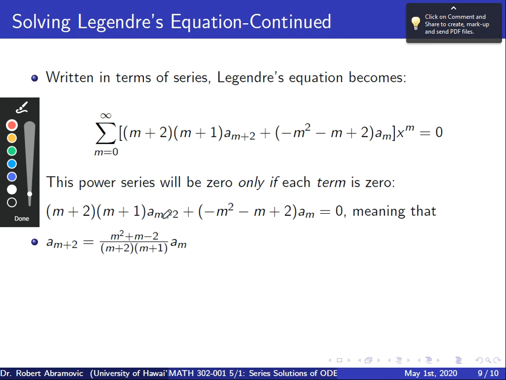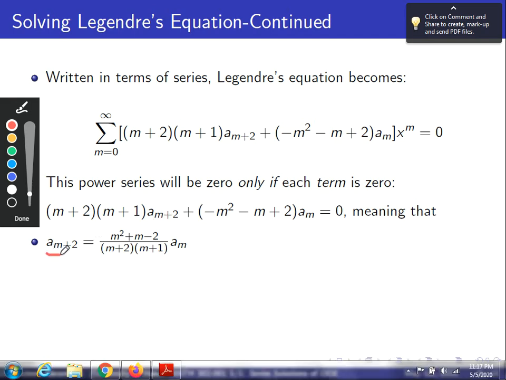Now, we can solve this as a recursive relation for a sub n plus 2 in terms of a sub n. We add m squared plus m minus 2 to both sides, and we get a sub m plus 2 equals (m squared plus m minus 2) over ((m plus 2) times (m plus 1)) times a sub m.